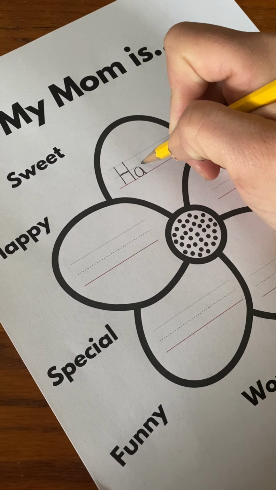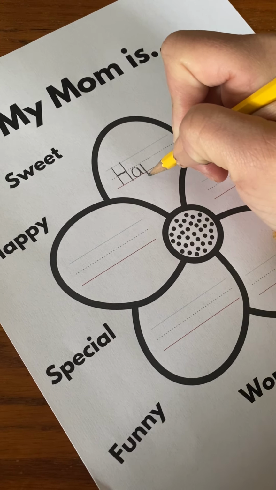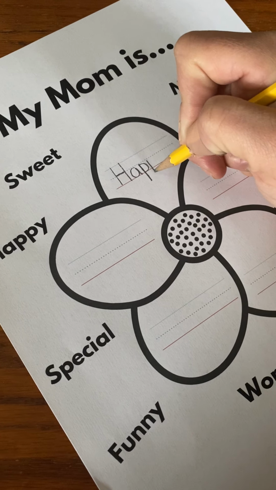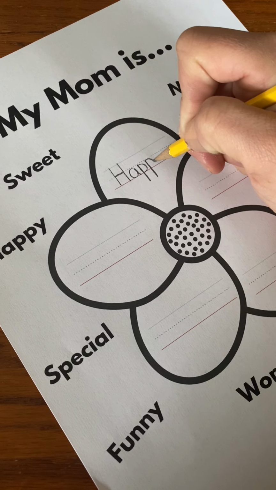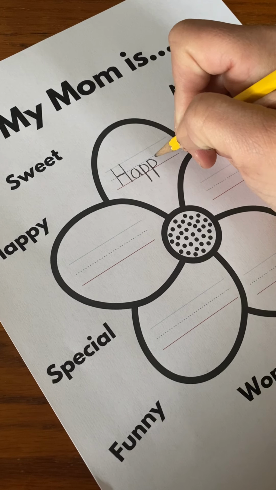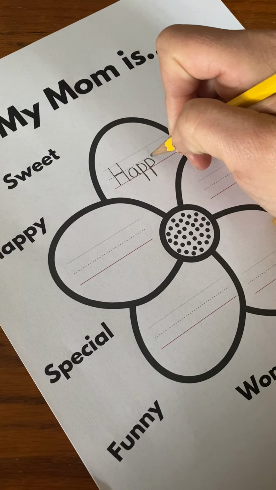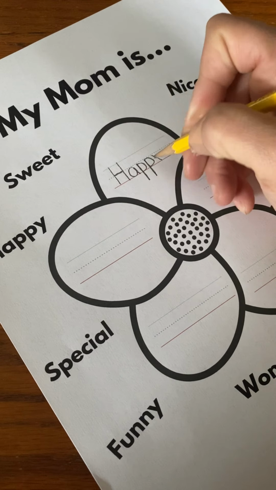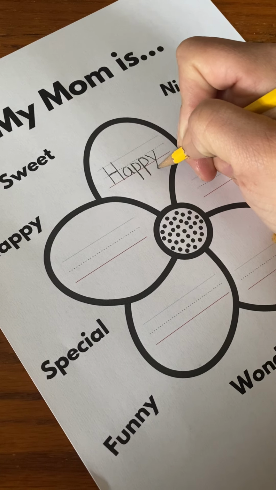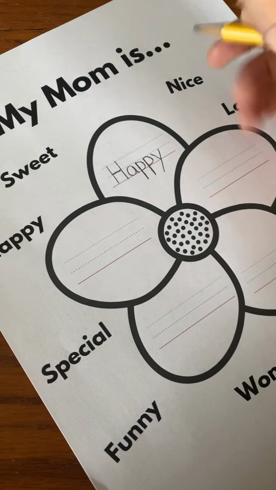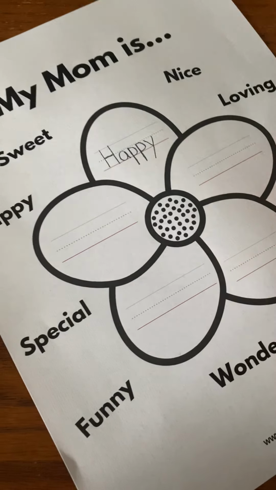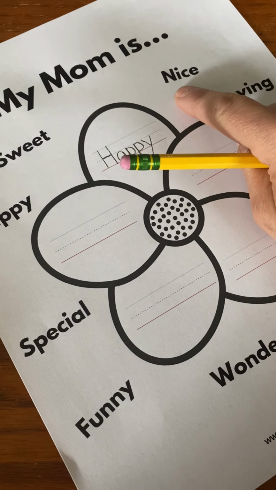P stops at the midline, bring it down, retrace, and make a bump. And the lowercase y starts with a diagonal line, little line, and then a diagonal big line. My mom is happy.